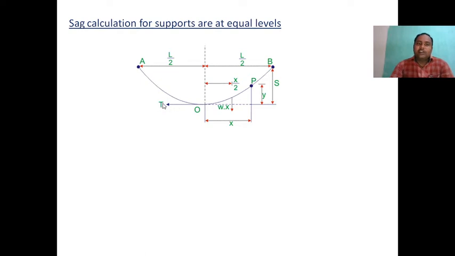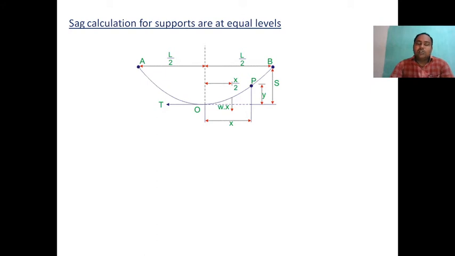Already I told that tension is nothing but the stiffness in between two supports. The very important point is, if there is no sag, the tension is very high. If you use more sag, there is more wastage of conductor. If you use more tension, the stiffness between two supports is very high, which causes breakdown of the conductor.